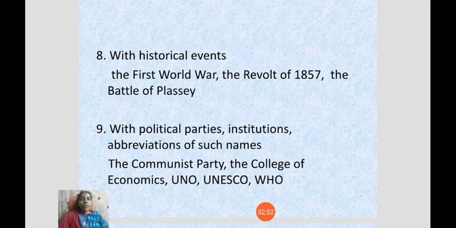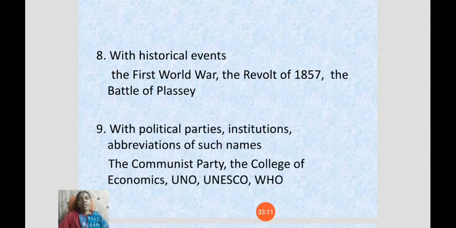For the names of institutions, the College of Economics. So College C is capital and Economics is capital. Any institution, maybe our institution. Then abbreviations.